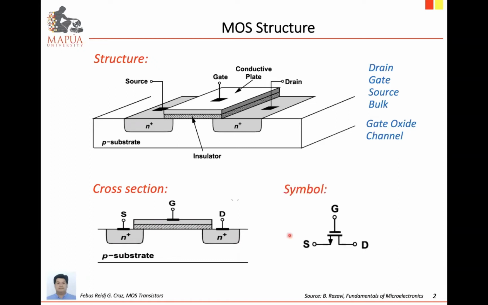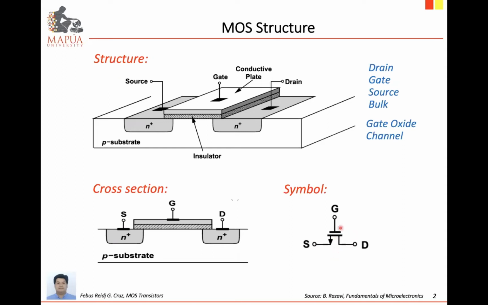In terms of the circuit symbol, this is how a MOS device looks like in a schematic. You have the gate, and then drain and source. This is the basic symbol. The substrate or the bulk is no longer indicated.